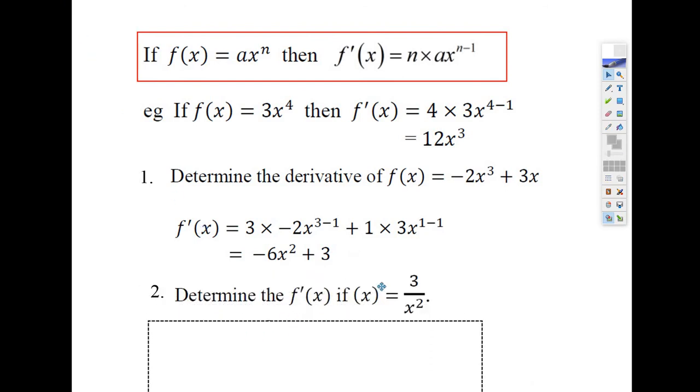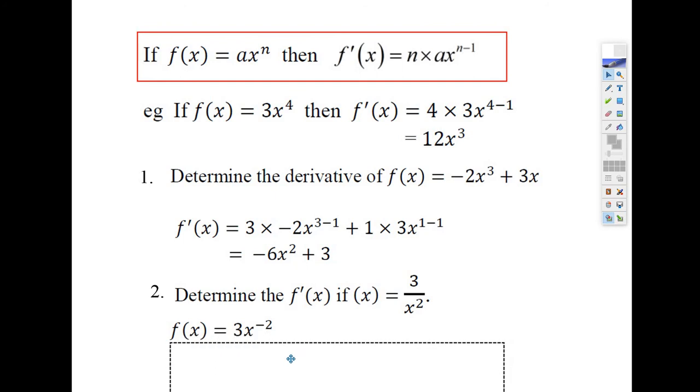Okay, let's look at the next one. What if you had 3 over x squared? Well, now that's a problem, and it's a problem if you don't know about negative exponents. You can take this x to the 2 and really write it as x to the minus 2. So that's your first step, and they actually give you a mark just for doing that.